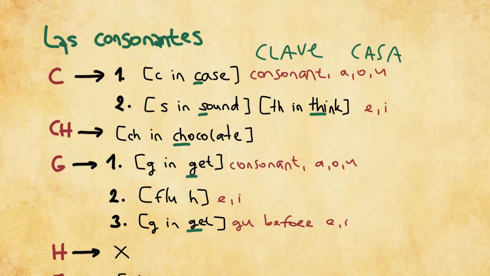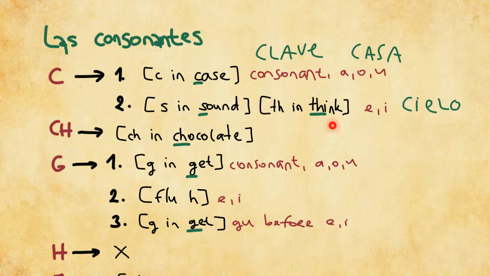However, if the C in a Spanish word is followed by E or I, like for example in the word cielo, which means the sky, then it is more similar to this TH sound in thing, okay? Thing, cielo. Some people, especially in Spain, pronounce it more like an S, like sound, sound, cielo.